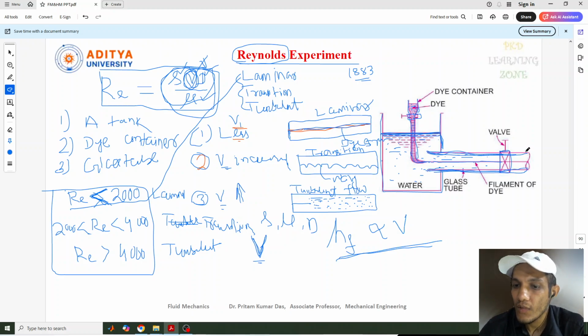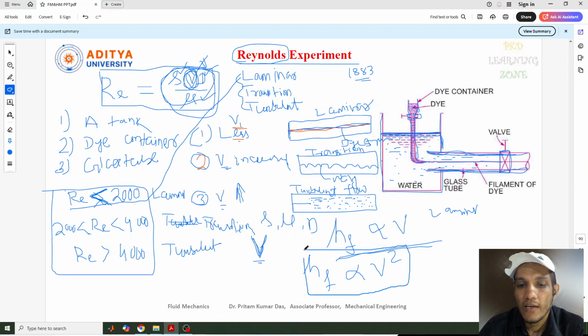But in the turbulent flow it will be different. In the turbulent flow, this head loss, hf, is directly proportional to V to the power n, and mostly we consider n as 2, the square of the velocity. So head loss will be similar in that way.